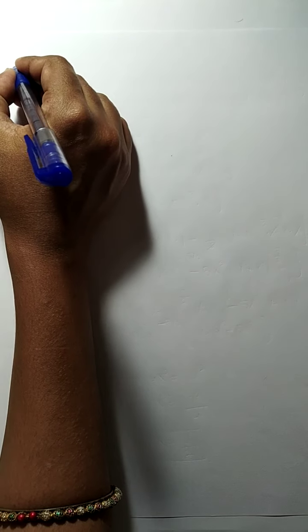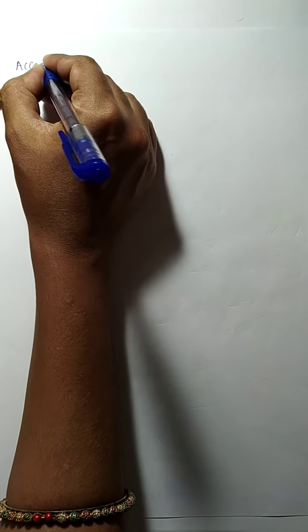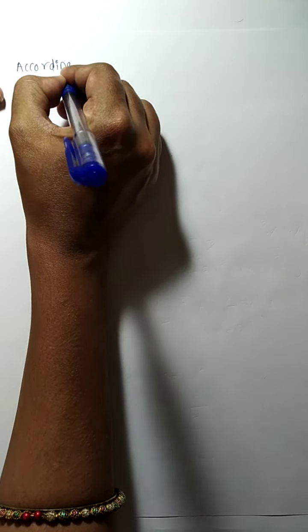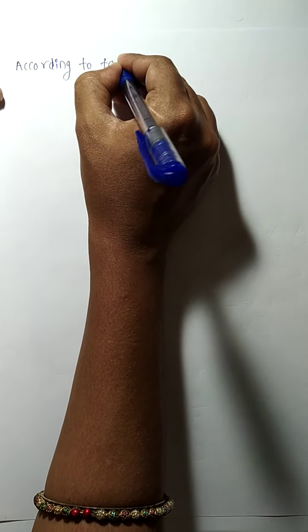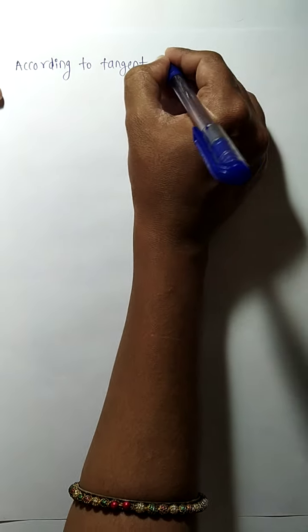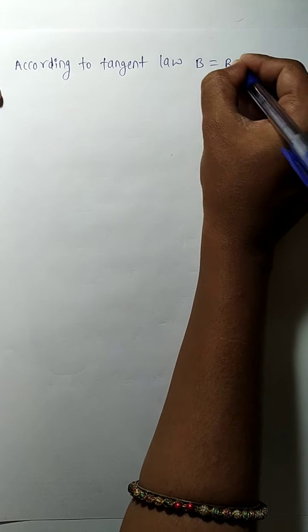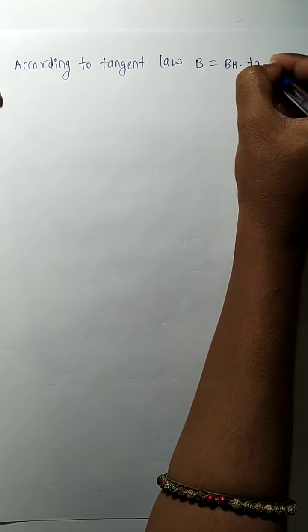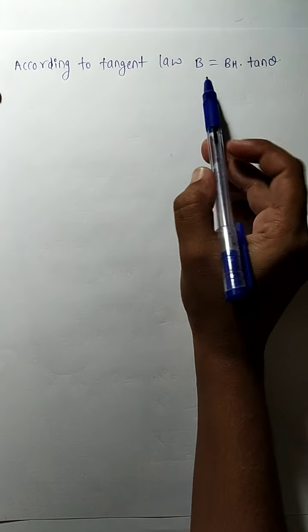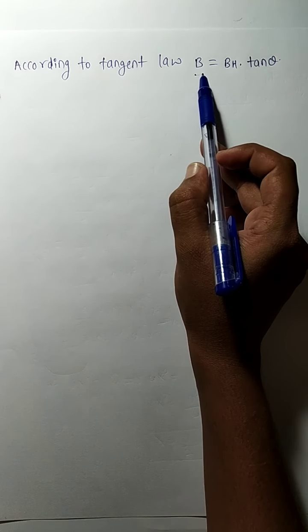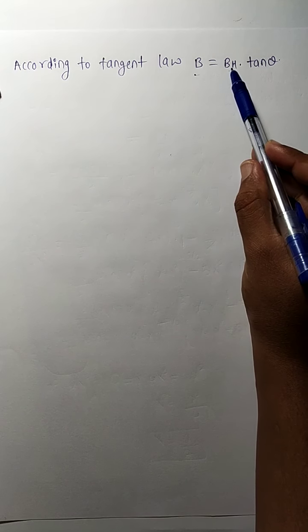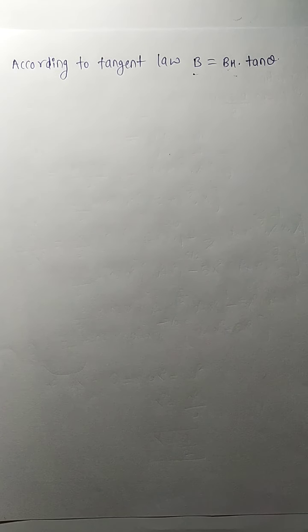According to the tangent law, we have the equation B is equal to BH into tan theta. So this B is the magnetic field which we created. BH is the horizontal magnetic field and theta will be the angle at which the needle will be suspended.